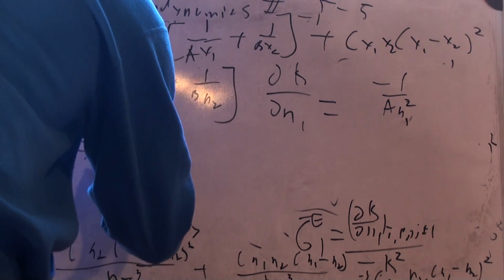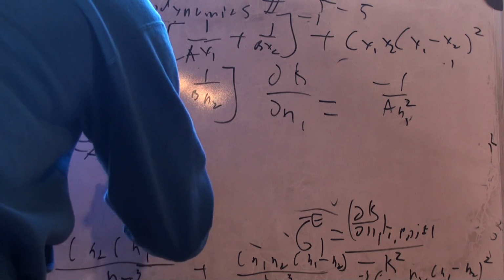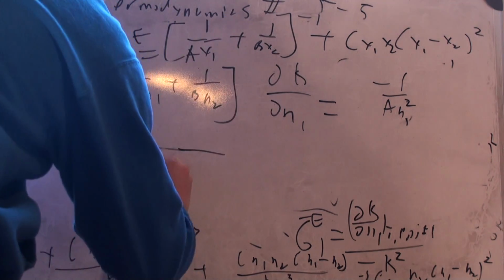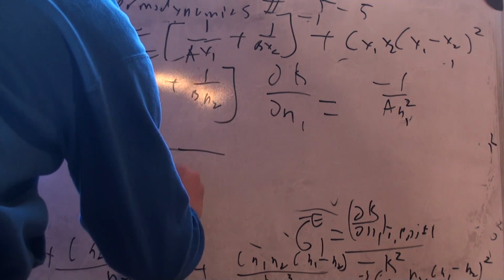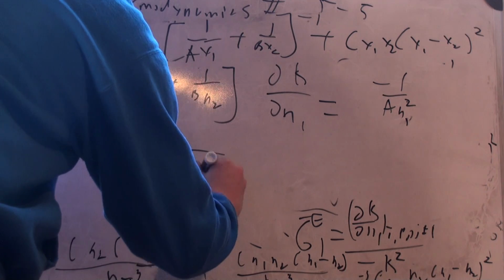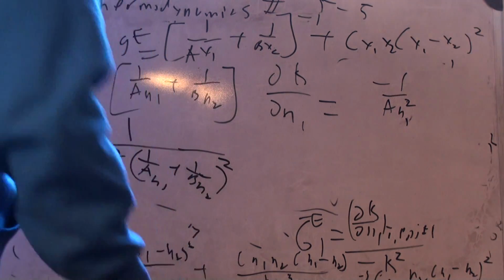So I've got a n1 squared times, well, this thing, not that thing: 1 over a n1 plus 1 over b n2, quantity squared.